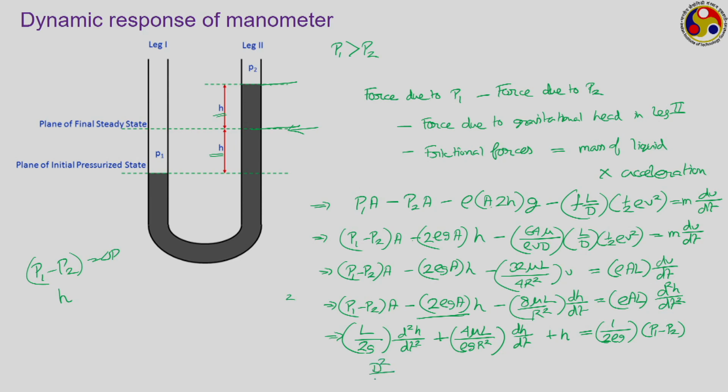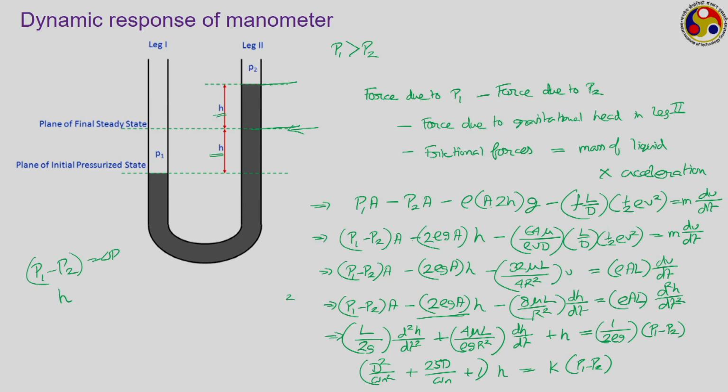We had a form of d square by omega n square plus 2 zeta d by omega n plus 1, into h is equal to k into P1 minus P2, was it not the form?